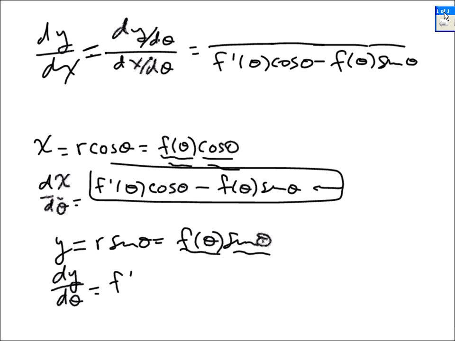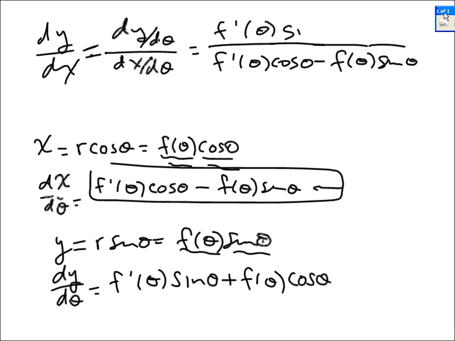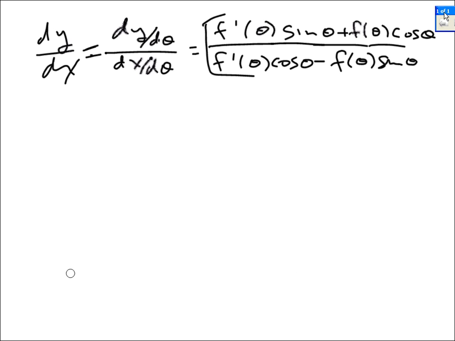It's the derivative of the first function times the second function, plus the first function times the derivative of the second. That's exactly what the numerator is. And that is how you find dy/dx. And in case you ever forget it, that's how you derive it. If you ever forget this formula for dy/dx, derive it. And I just did. And I'm not even good at this stuff. I just used the product rule.